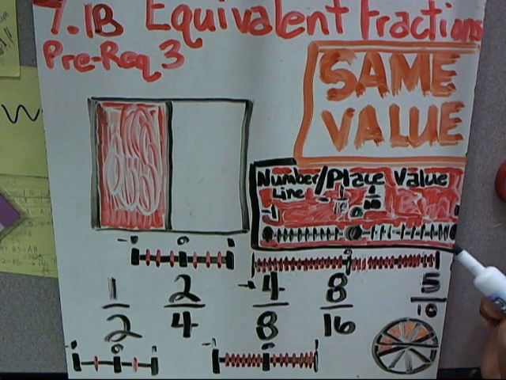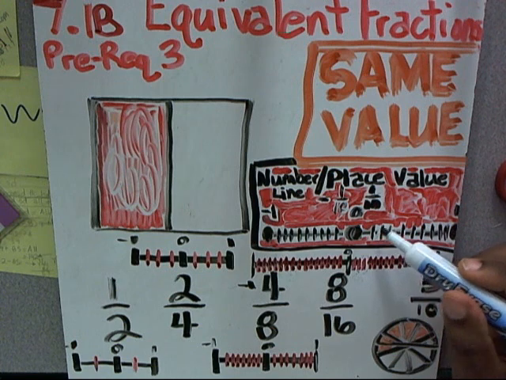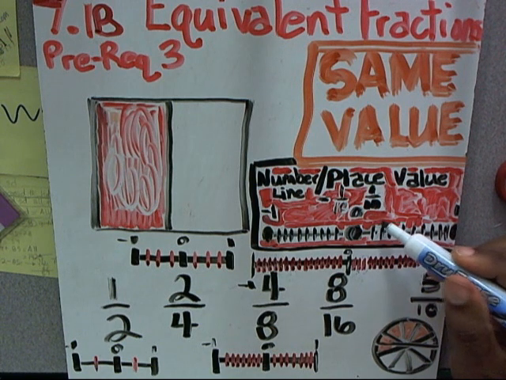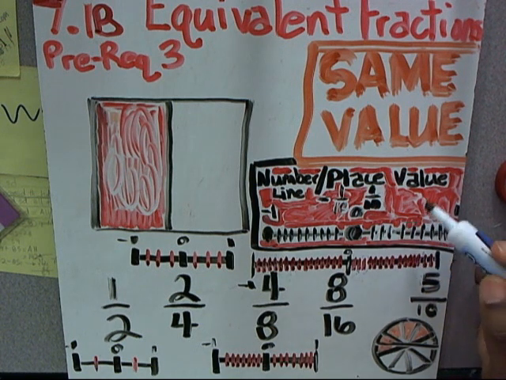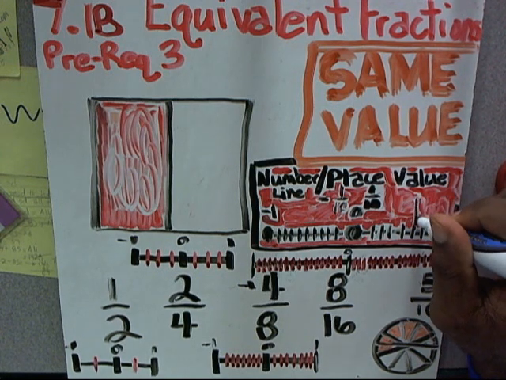Okay, on the number line, for the place value number line, it would actually be here: 1, 2, 3, 4, 5. It would actually be right here.